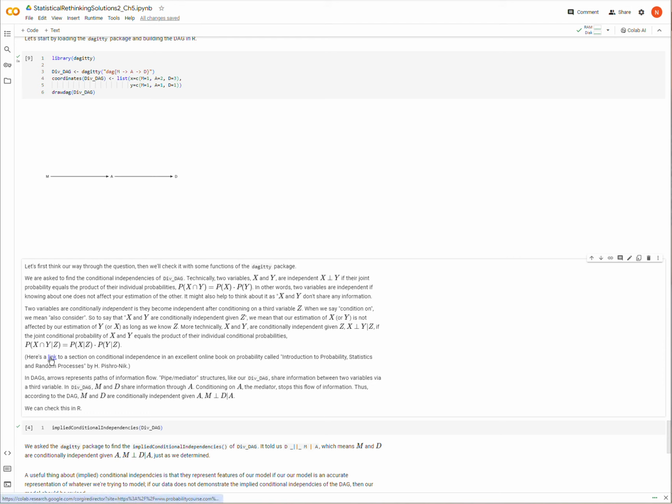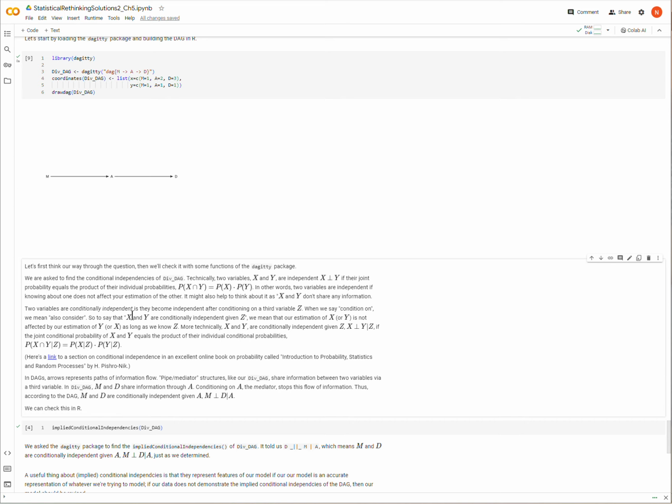You can read more about conditional independencies with a link that I've put here that goes to a free online textbook. It's a very good textbook, so if you're interested in probability, I suggest you read it. But we can think of independence as knowing about one variable, X or M, does not tell us anything about the other variable, Y or D in this case. We can also think about it as X and Y, or M and D, not sharing information if they're independent.